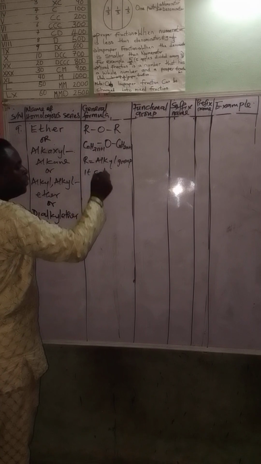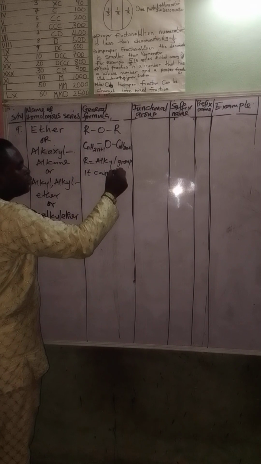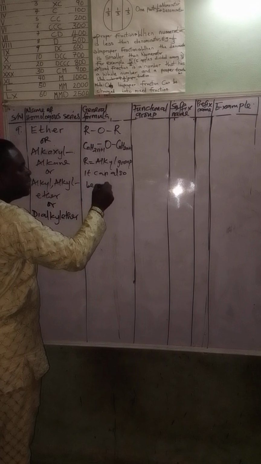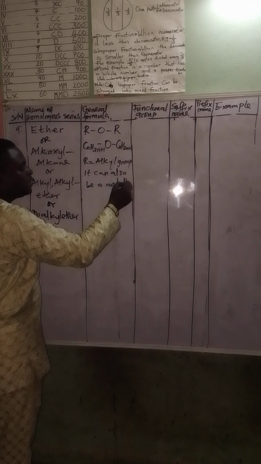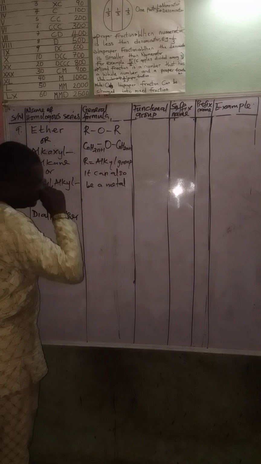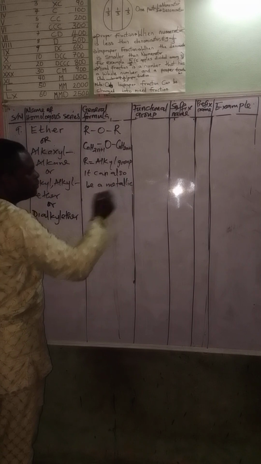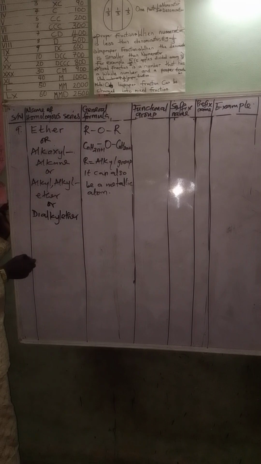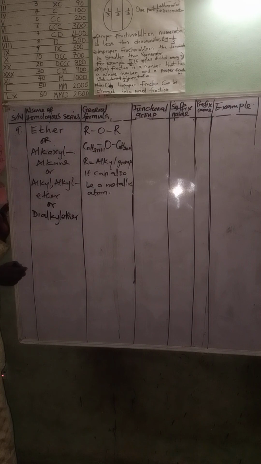It can also be a metallic atom, like sodium hydroxide. So that's alkoxide.